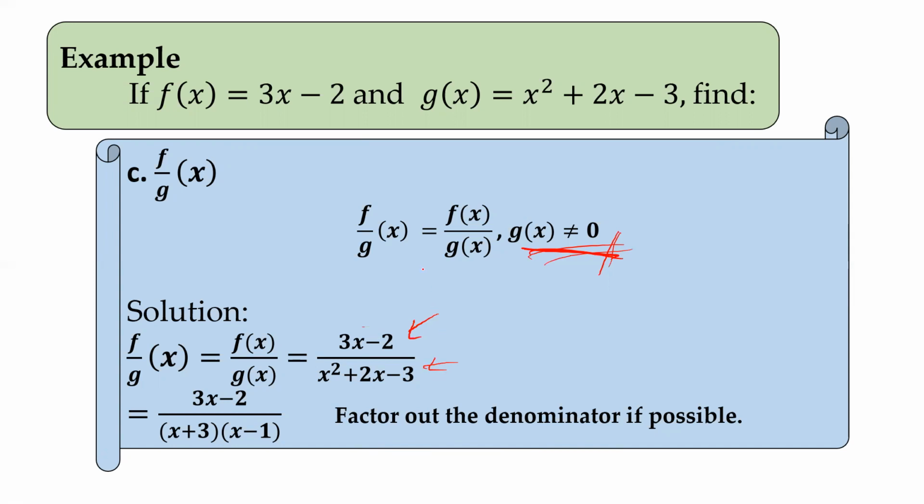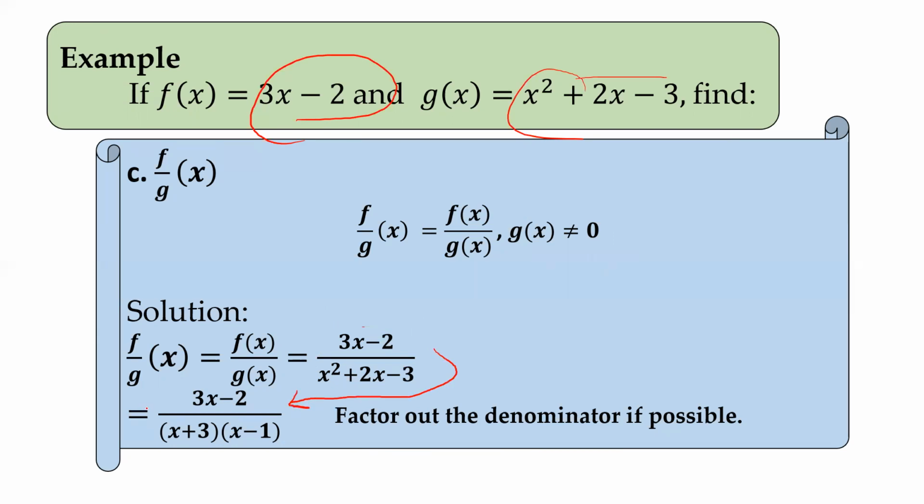All right, so we will substitute from the G of X and from the F of X, from this given above. Okay, the next step is itong nandito sa baba.